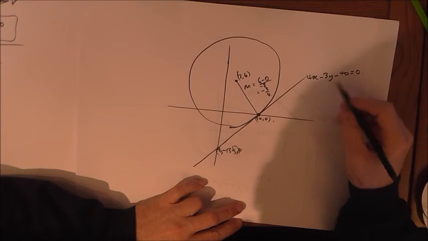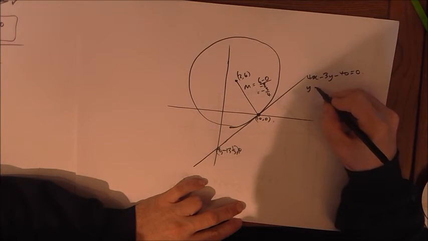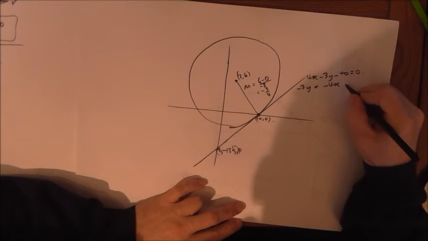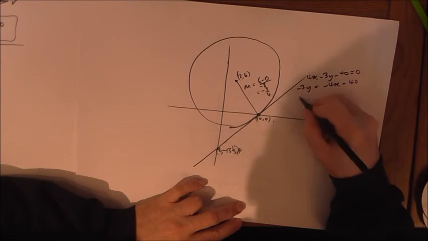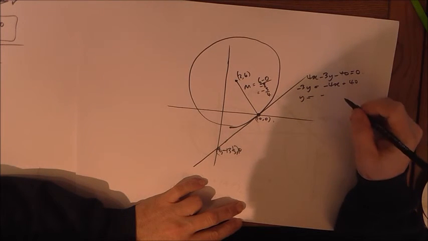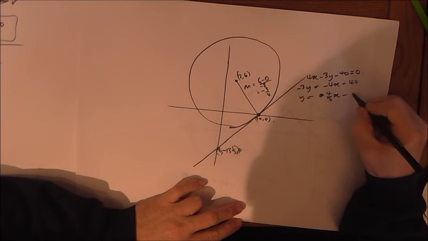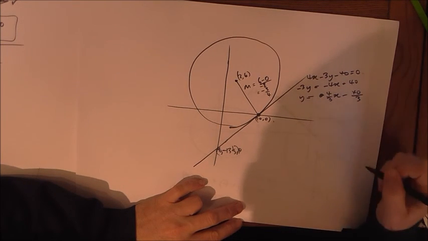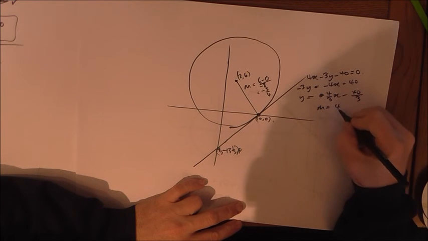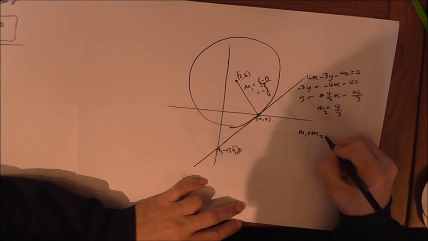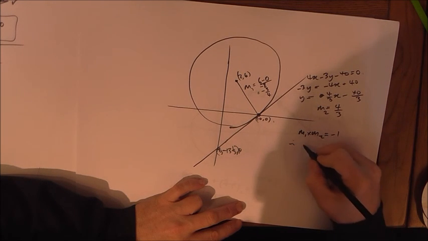Whereas the gradient of this, I'm going to make y by itself. Divide everything by negative 3. So the gradient of that is, so m1 times m2 equals negative 1, so therefore perpendicular.